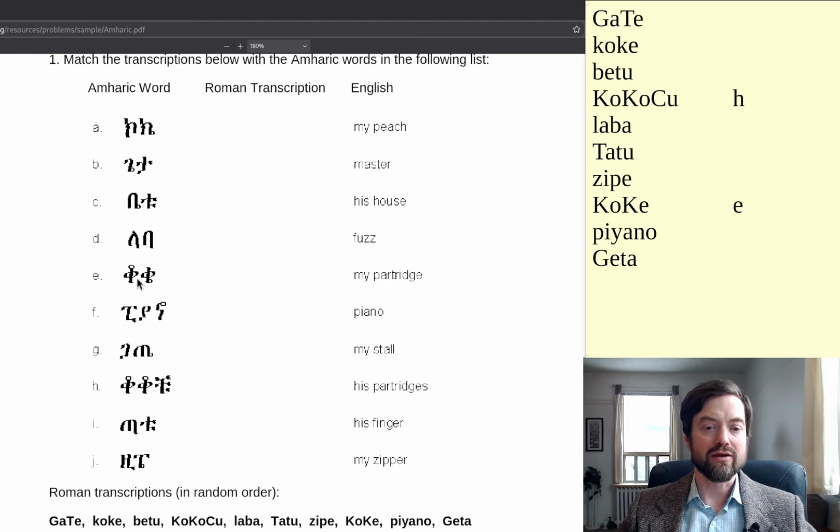Okay, so can we use that as a clue for anything else? We looked for all the capital K's, and we don't have any other capital K's. We don't have any capital C's anywhere, so we can't use that. But we can look for other O and E vowels.